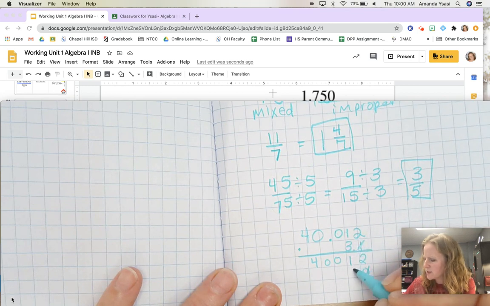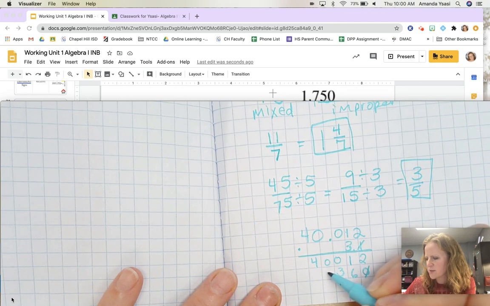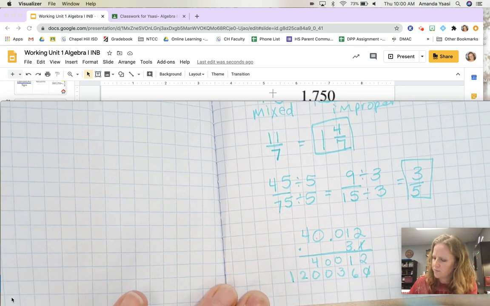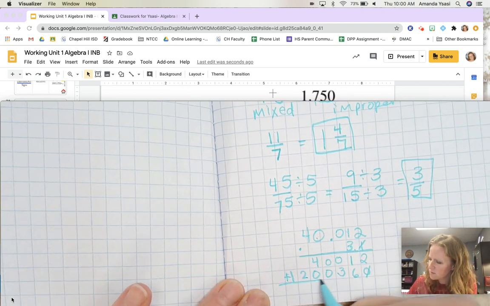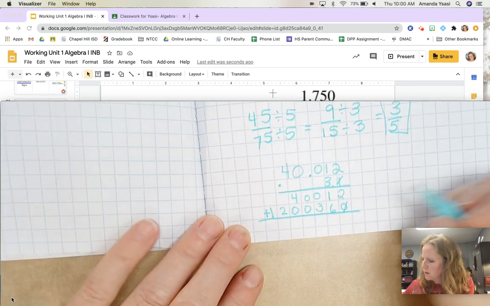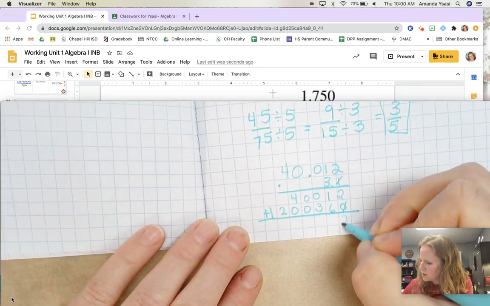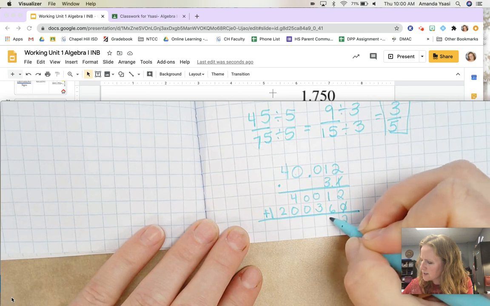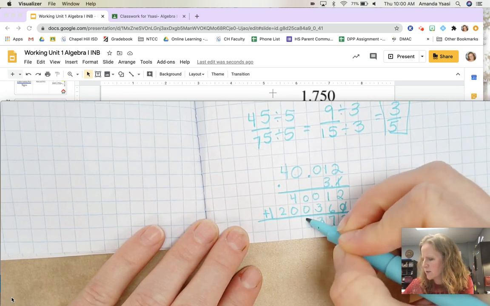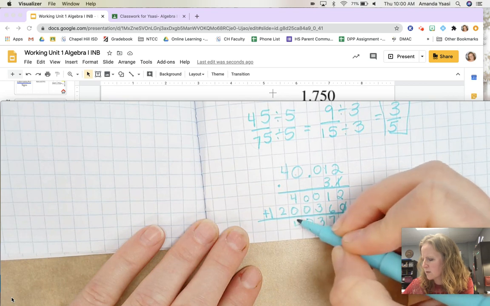3 times 2 is 6. 3 times 1 is 3. 3 times 0 is 0. 3 times 0 is 0. 3 times 4 is 12. We add those. 2 plus 0 is 2. 1 plus 6 is 7. 0 plus 3 is 3. 0, 0, so 0. 4 and 0. 2, 1.